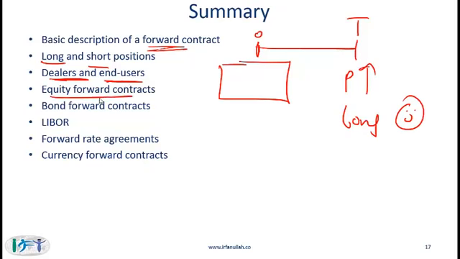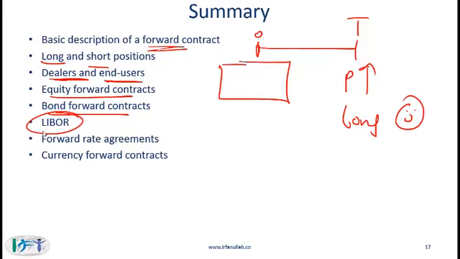In an equity forward contract, the underlying could be a stock, it could be a portfolio, or it could be an equity index. In bond forward contracts, the underlying is a bond or a portfolio of bonds. We talked about the London interbank offer rate. This is the rate that banks in London charge each other on dollar deposits.